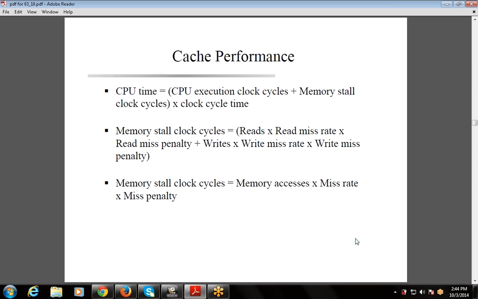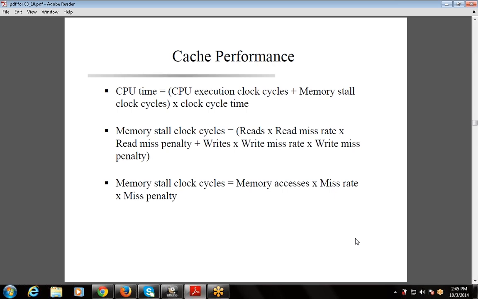That is, the time taken by the CPU to execute depends on the clock cycles: the CPU execution clock cycles plus the memory stall clock cycles, multiplied by the clock cycle time. First we add the memory stall and the CPU execution cycles, and then multiply by the clock cycle time.